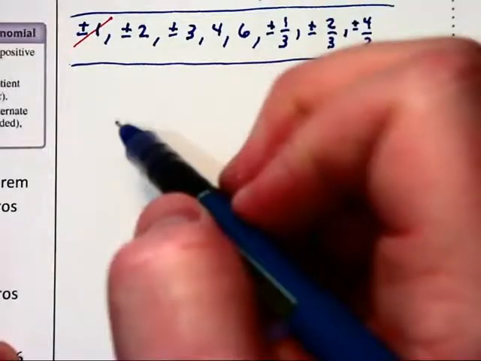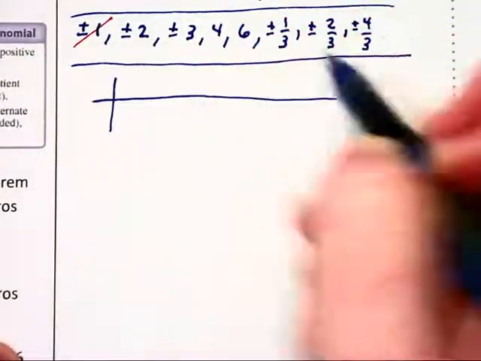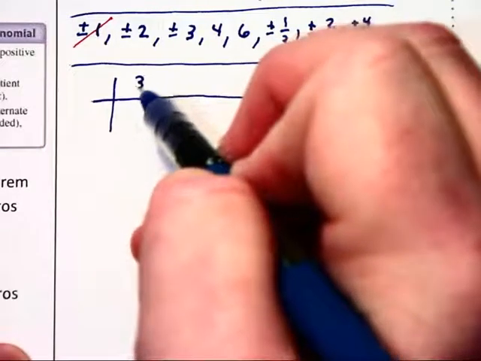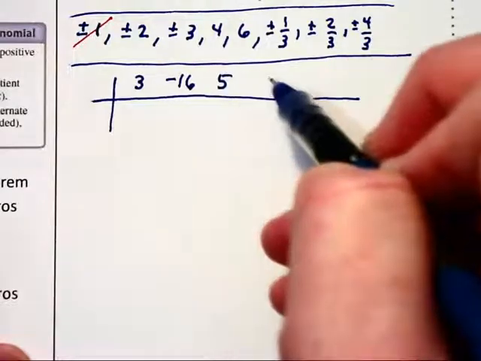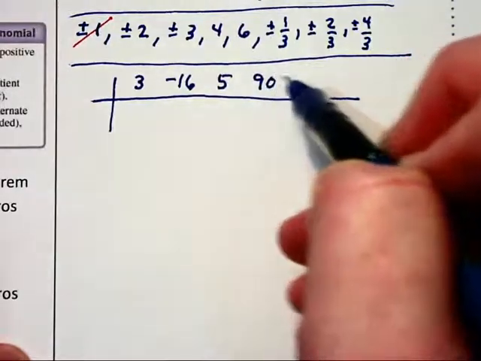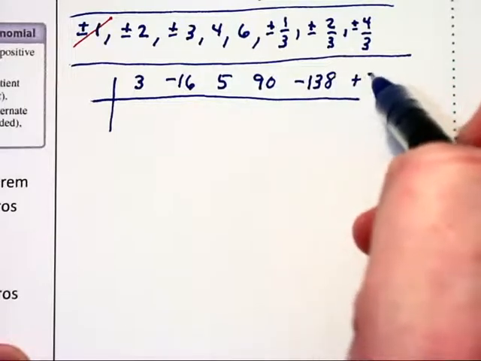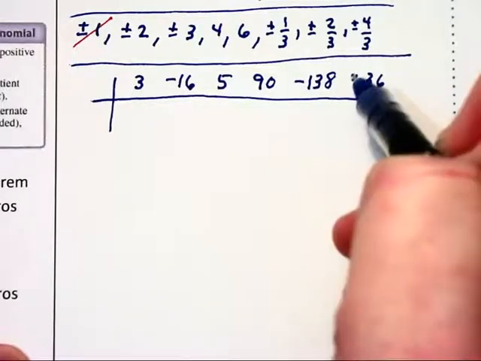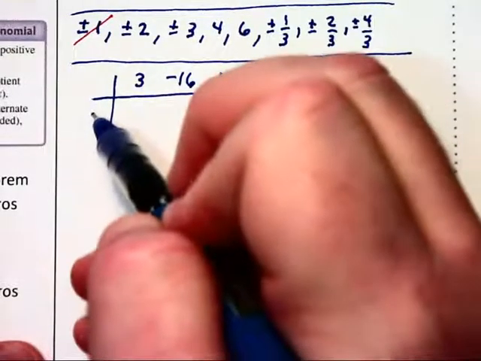So now it's time to start doing some synthetic division, and I'm going to write my original polynomial here, 3x to the 5th minus 16x to the 4th plus 5x cubed plus 90x squared minus 138x plus 36. And we know 1 and -1 don't work, so let's just start with 2.